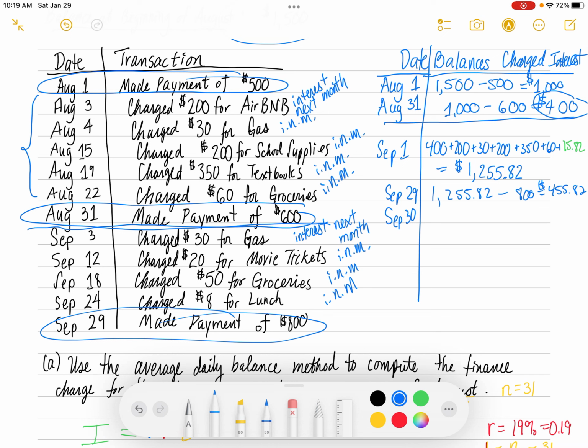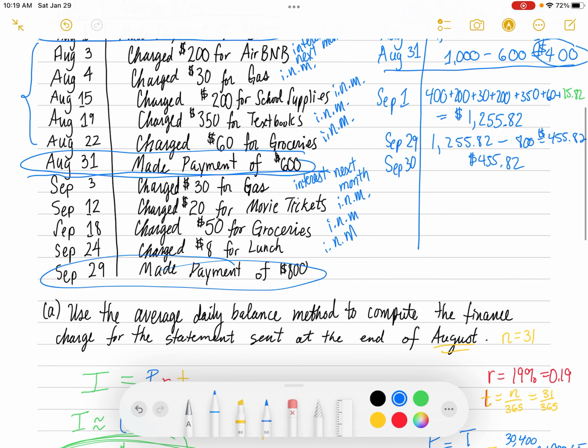And do we do anything after the 29th as far as purchases or anything at all? No. So the balance is still $455.82 on the very last day. So my capital T, my sum of all my balances that are subject to interest charges for September is, let's see, on September 1st, it's $1,255.82. And how long does that last? How many days? Well, it's the 1st through the 28th, right?